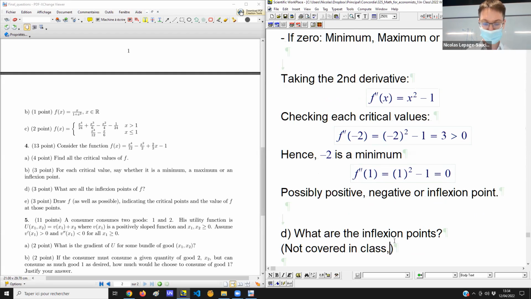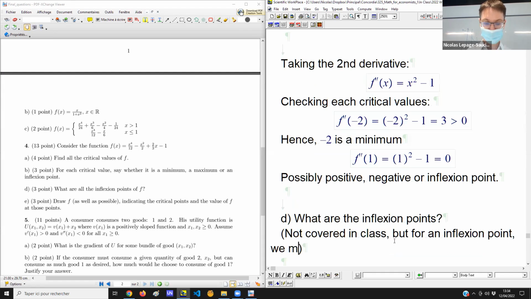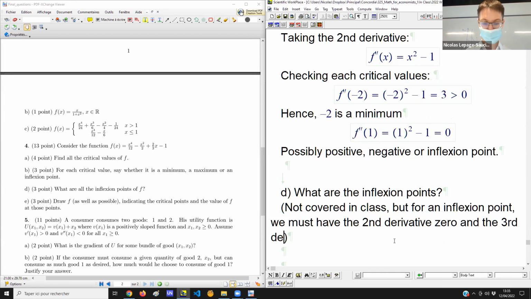But for an inflection point, second derivative 0, and the third derivative non-zero. So here we have that.